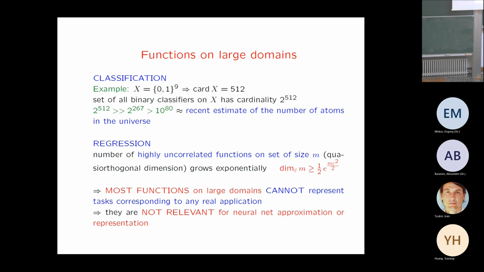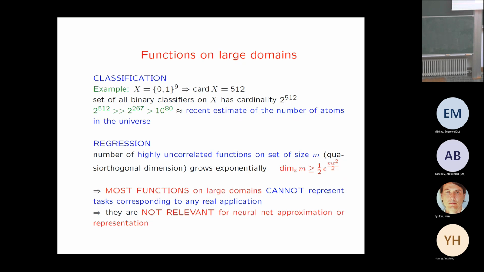But to imagine how many functions you have, and this is not from my head, of course, I read it somewhere, suppose you take a 9-dimensional Boolean cube, {0,1}^9, so this is a set of cardinality 512, and consider all binary classifiers, then you get numbers that, according to physicists, are larger than all atoms in the universe. I don't know how they estimate these, but in any case, it's enormous.